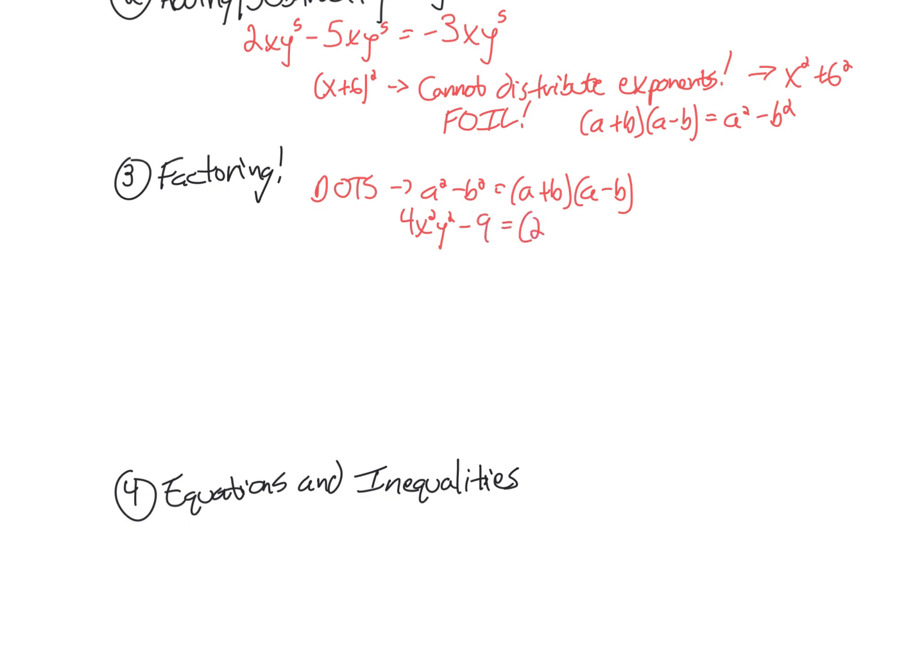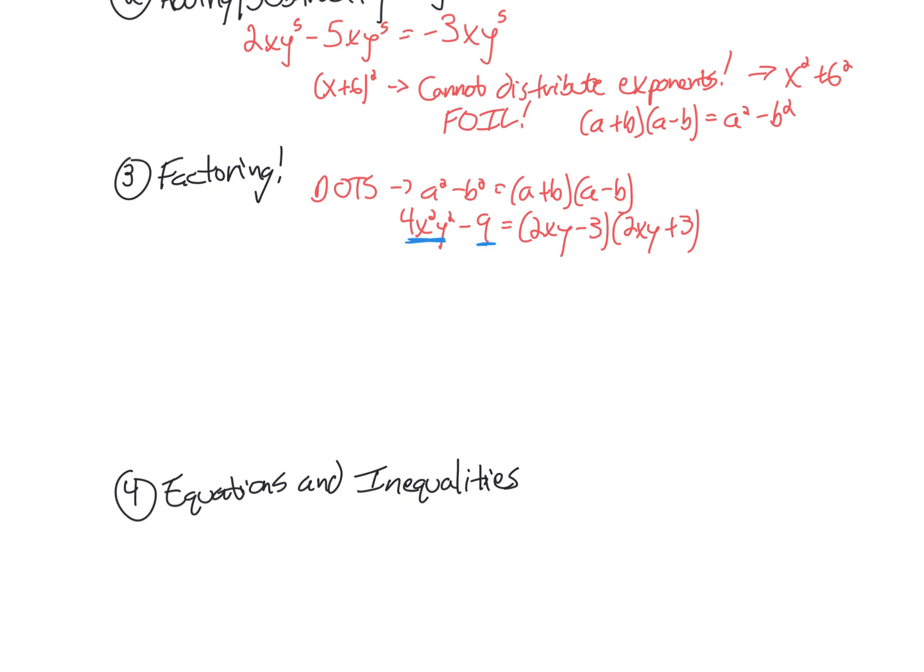That would factor to 2xy minus 3 and 2xy plus 3. What you're really looking for in DOTS is that each term in the front is squared and each term in the back is squared. You need to watch out for those. So we saw a lot of DOTS stuff.